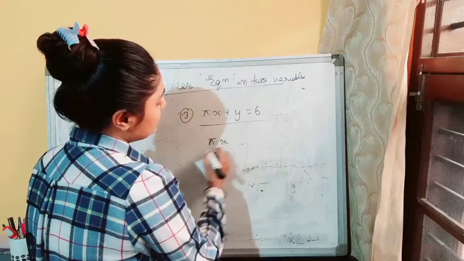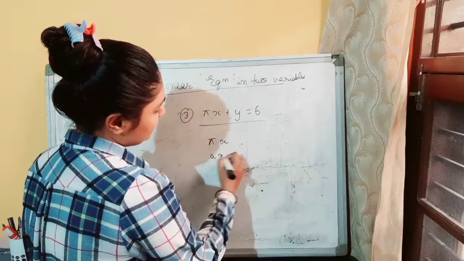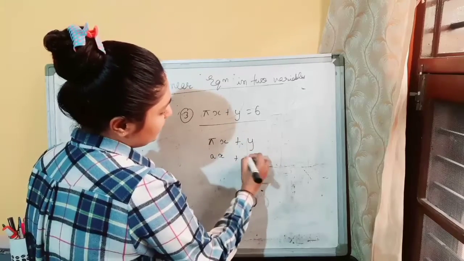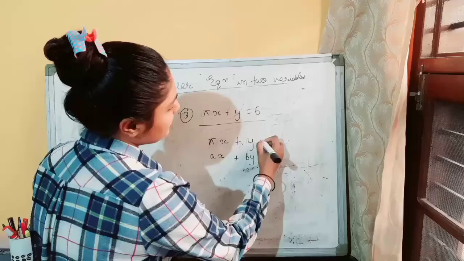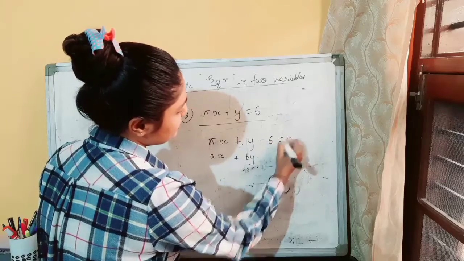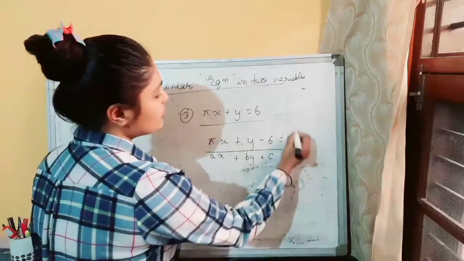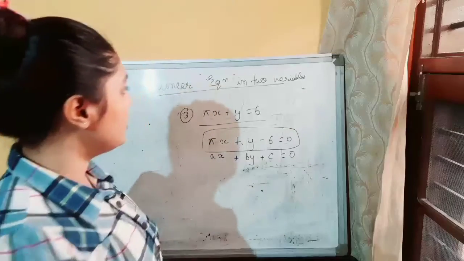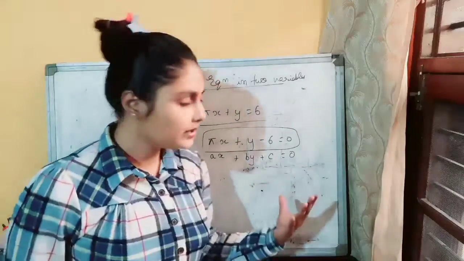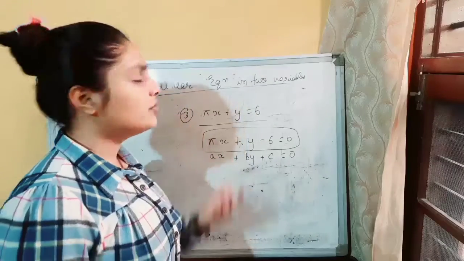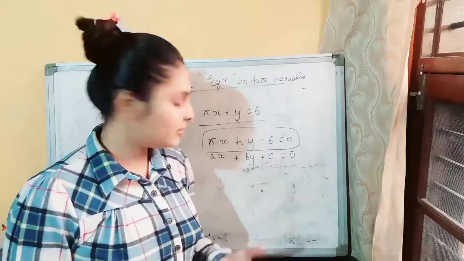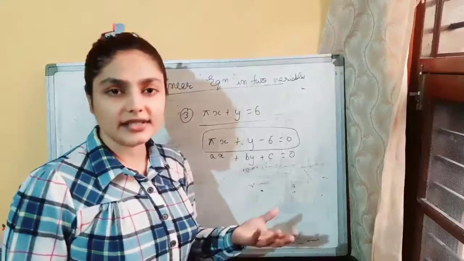So pi x plus y minus 6 is equal to 0, in the form ax plus by plus c. So this equation is also satisfying the condition of our linear equation in two variables. Hence it is also proved that it is in the form ax plus by plus c is equal to 0.